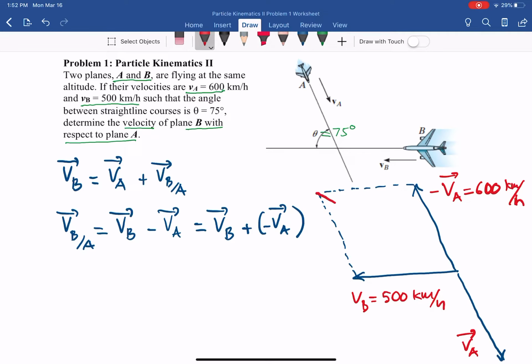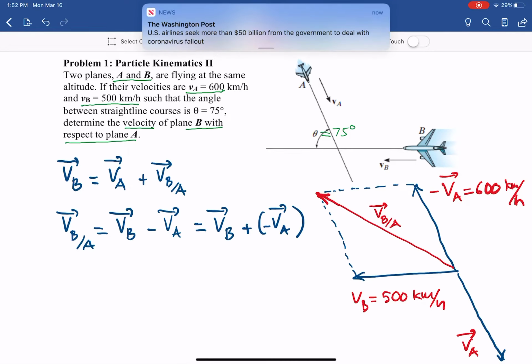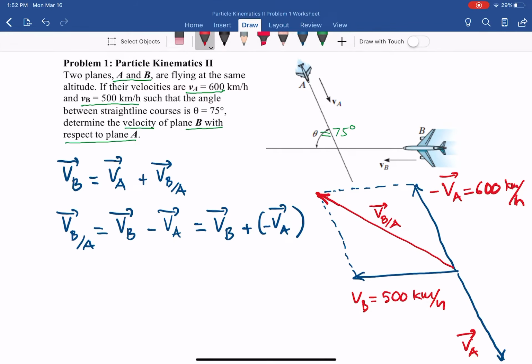In that one here, exactly what we are looking for, the velocity of plane B relative to plane A. A vector has two unknowns, as we already talked about. The first is the magnitude and the other one is the direction. So we need to find both.